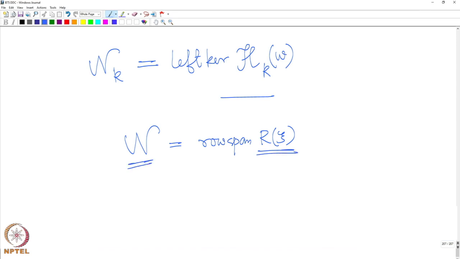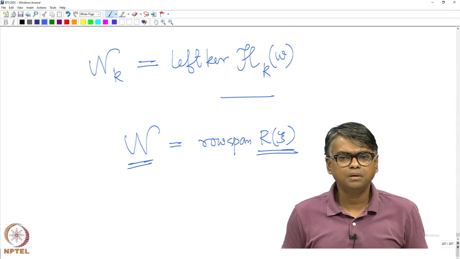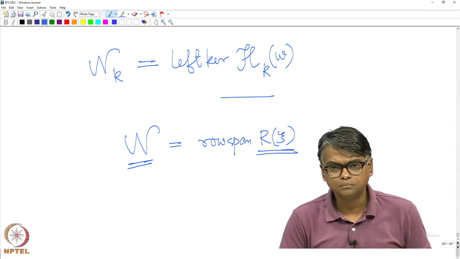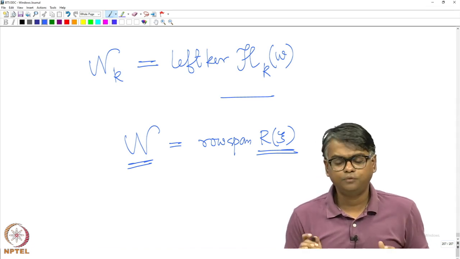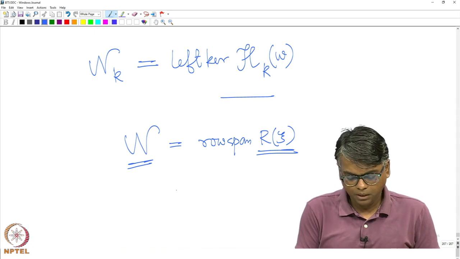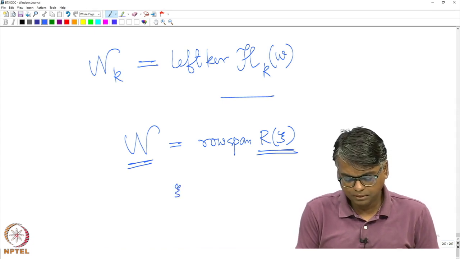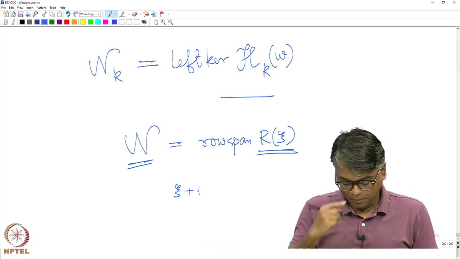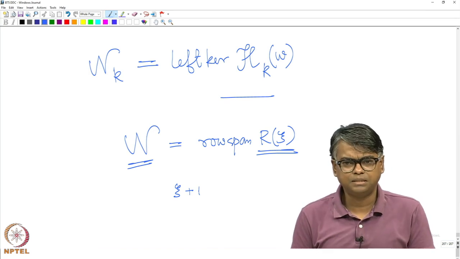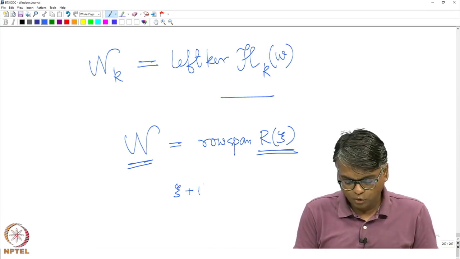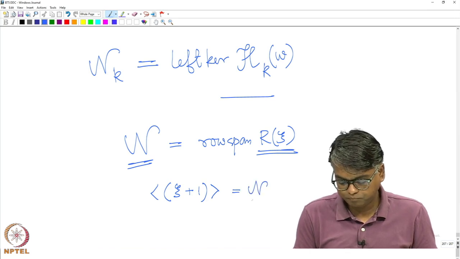This module contains infinitely many elements, and not just that, these elements have possibly no bound on their degrees. Let us say I look at this very simple scalar system, xi plus 1. I say the row span of xi plus 1 is my N.